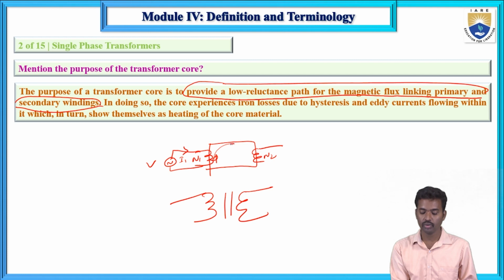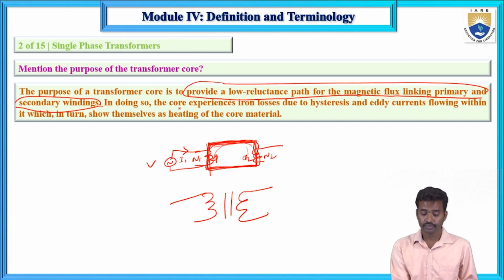The core circulates this flux and it links with the secondary winding. Low reluctance path means a high amount of flux can pass through it.